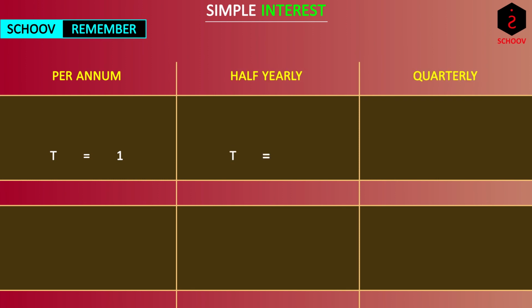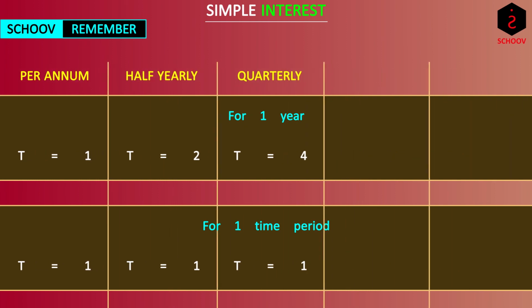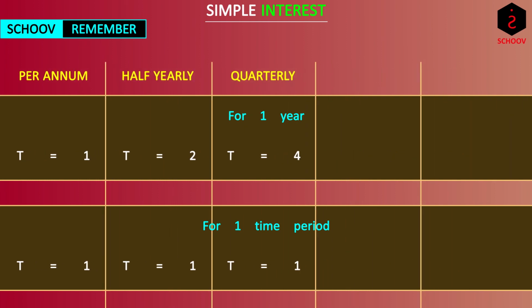Time T is equal to number of half years or quarters in 1 year, if we want to calculate the interest for 1 year, and time T is equal to 1 if we want to calculate the interest for 1 time period, either half year or quarter. Remember kids, that rates can also be monthly, 2 monthly, 4 monthly, anything. Concept of calculating interest will remain the same.